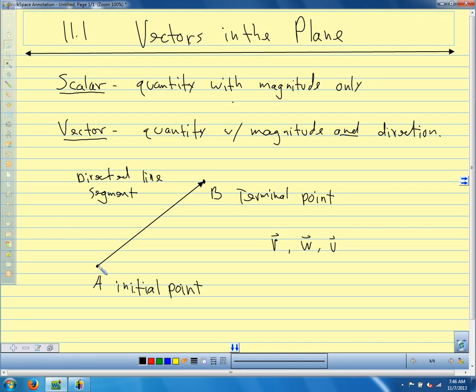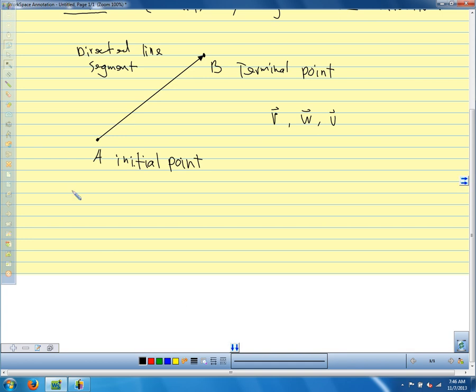If we put our initial point at the origin, we say our vector is in standard position.